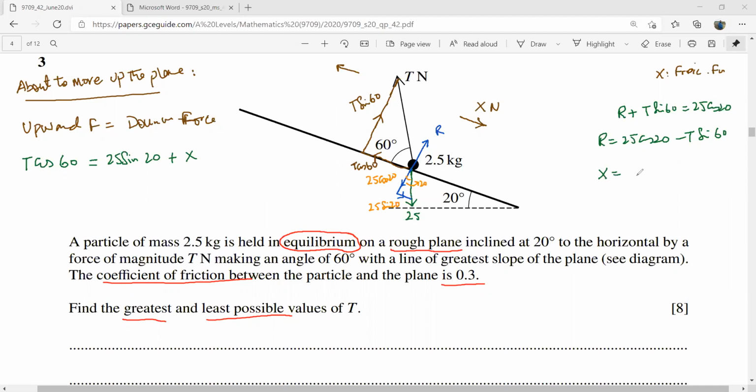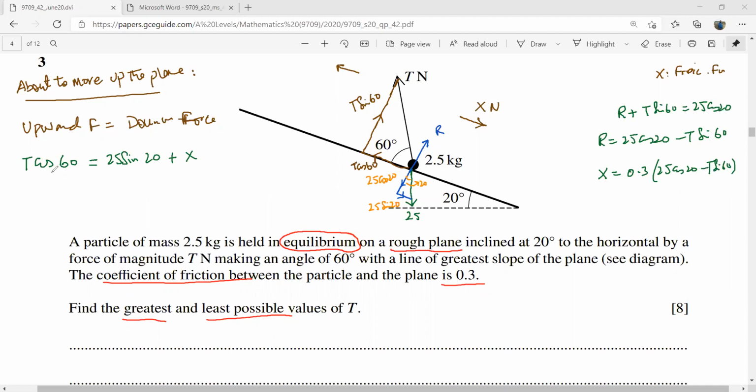X is equal to mu R, so this is going to be 0.3 into this. Don't use your calculators right now. 25 cos 20 minus T sine 60. If you started using calculators at this stage, you will be doing many roundings off here and will go away from the actual answer.